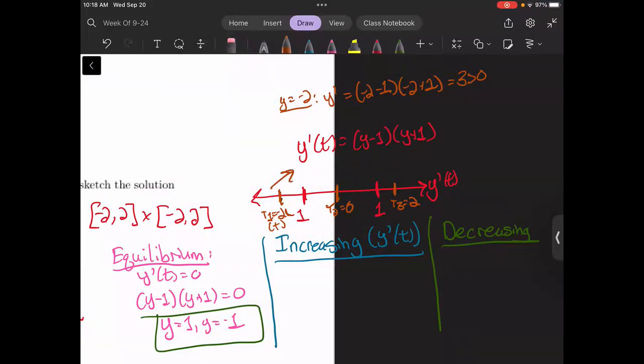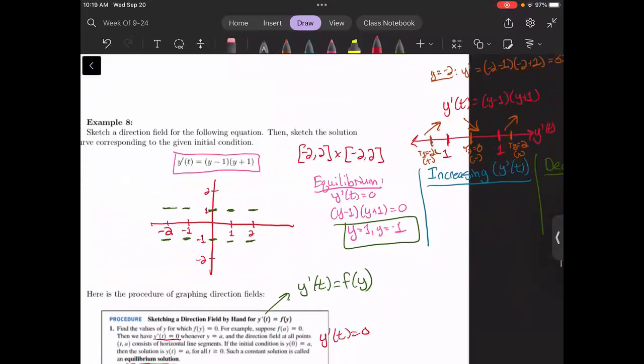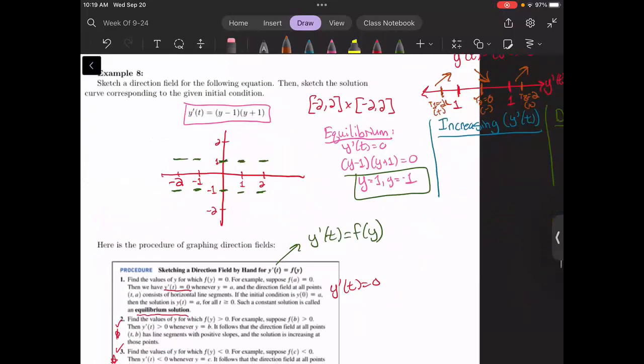When y is 0, we'll have a negative number. So in this case, -1. So our derivatives are decreasing. And when y is 2, we'll have a positive number. Positive. So in this case, when y is less than -1, our derivatives have a positive slope.